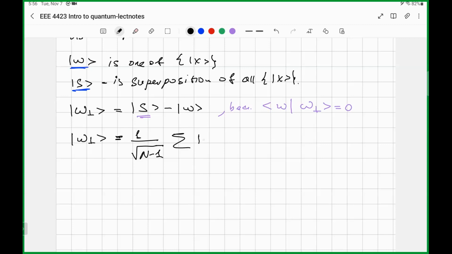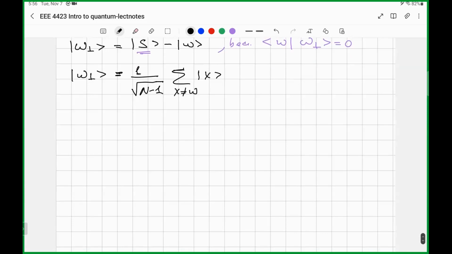And again, summation of all possible states x in this computational basis, except for, so we exclude the state omega. So this is the way we represent the orthogonal state. And of course, if I take the inner product of omega state and omega orthogonal, I will get 0 because the omega orthogonal state doesn't contain this omega state anymore.